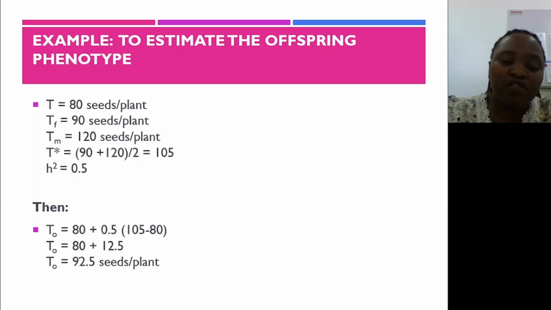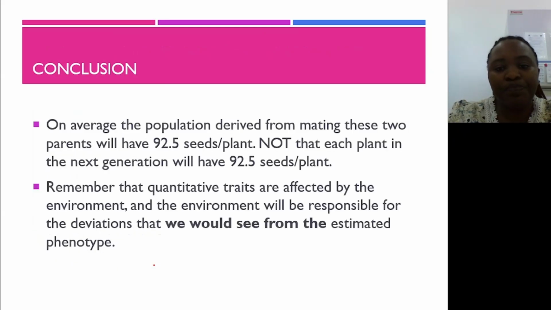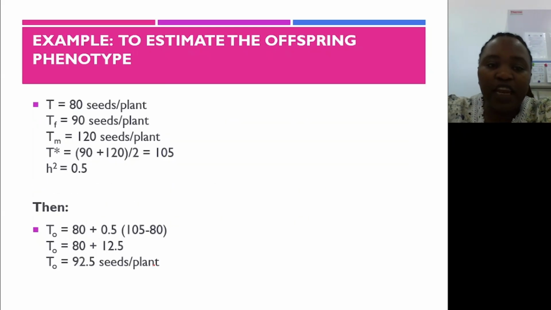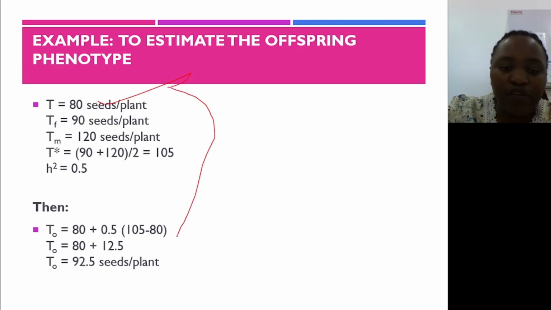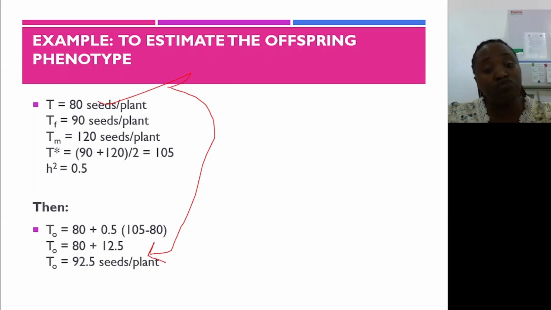The average of our new offspring should be 92.5 seeds per plant. This is good because it's an improvement from the population mean, which was 80 seeds. You can see that we have improved from 80 to 92. That's what I was saying: when you have parents, you have selected the best parents, one with 90 seeds and one with 120 seeds per plant.